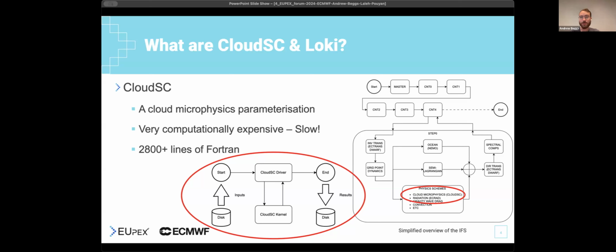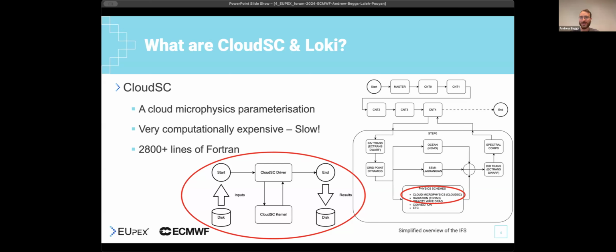CloudSC is actually quite small. It's only 2,800 lines of Fortran, compared to the IFS, which is about 6 million odd. Despite this, it can be between 5 to 10% of the total runtime of the IFS. I've got a very rudimentary diagram of the IFS.